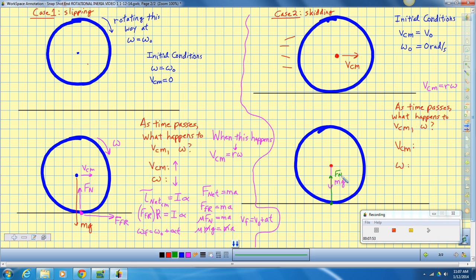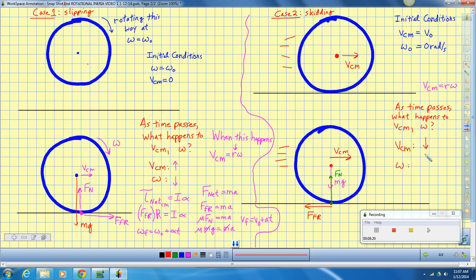And then, again, this wheel is skidding across the ground. As this wheel is sliding this way, because the velocity of the center of mass right now is directed that way, what direction is friction acting? Hopefully you're saying friction is opposing that motion, so the force of friction is going to act this way. When this force opposes that velocity, it's going to decrease this velocity. So as time passes, the velocity of the center of mass goes down.